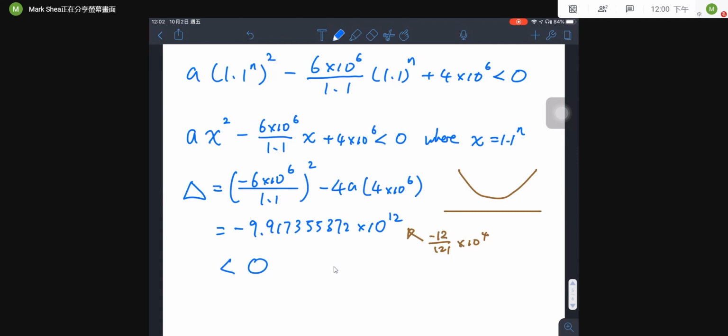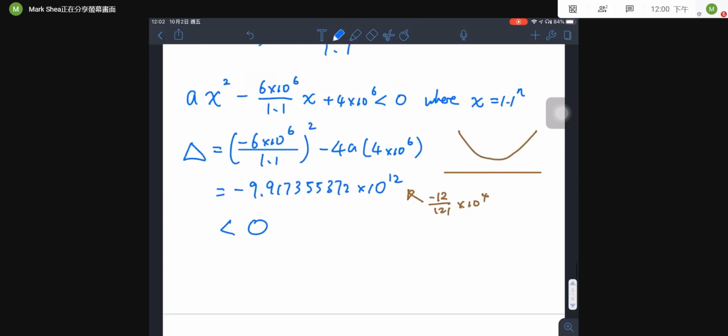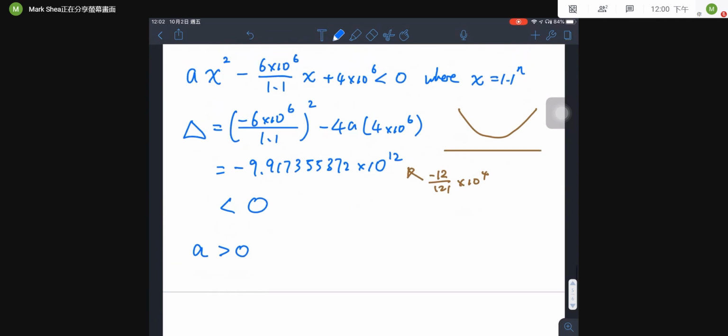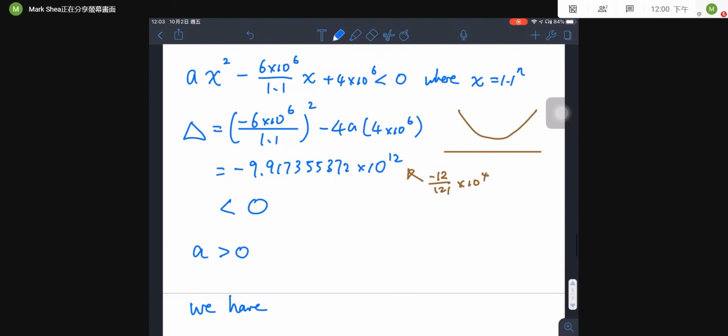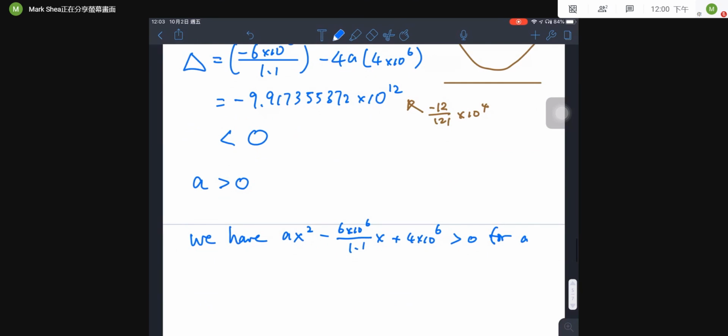And because delta is less than 0 and a, the coefficient of x squared, is greater than 0, from these two conclusions the graph opens upward. So the expression that is the left hand side of the inequality is greater than 0 for all x and for all n.